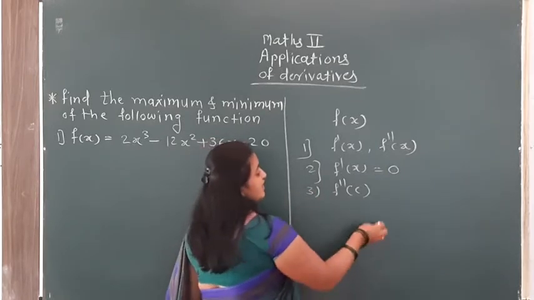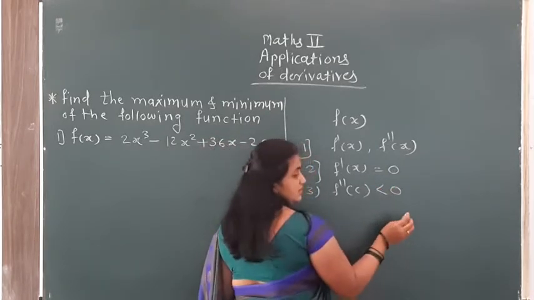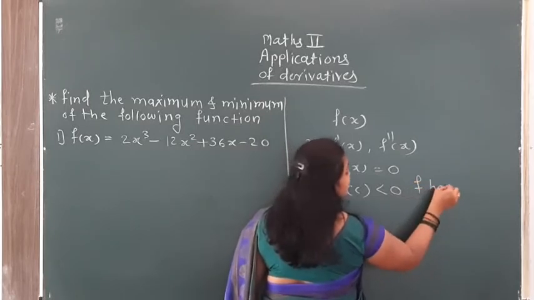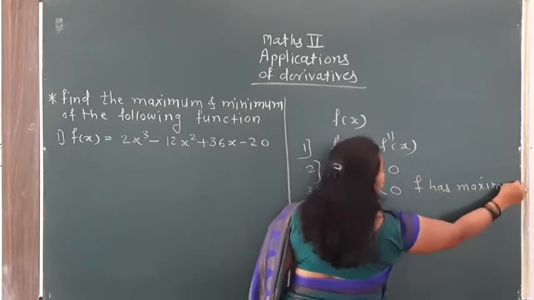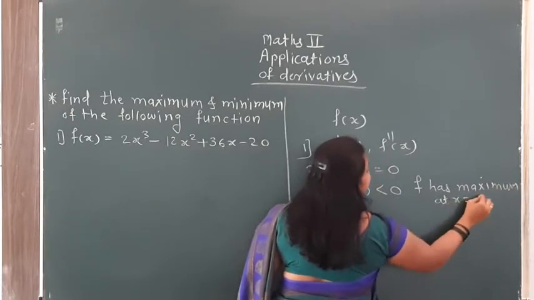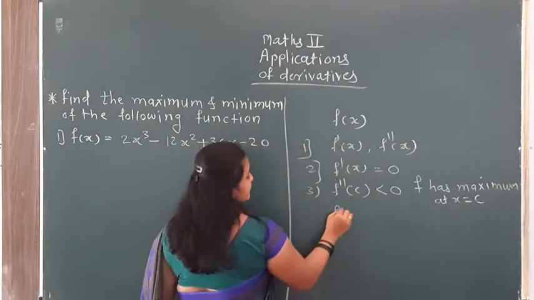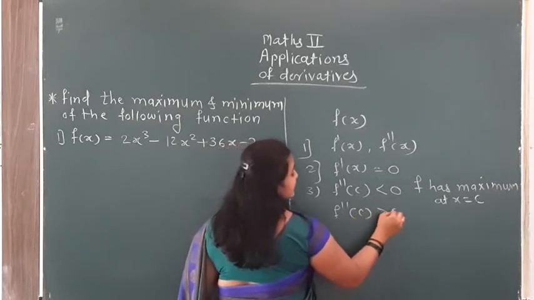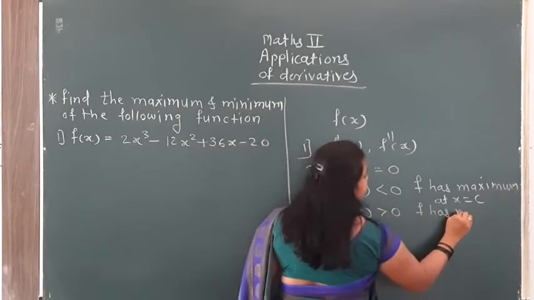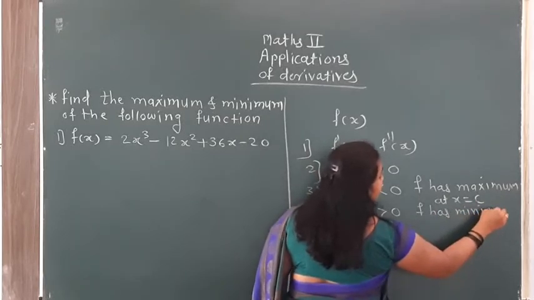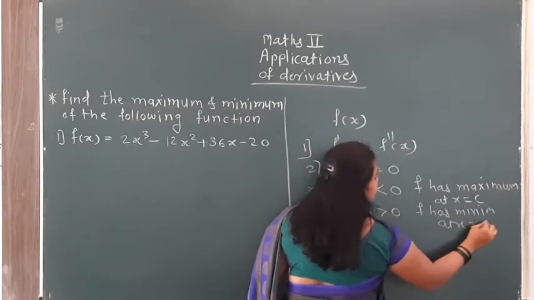At that time we check: if f double dash of c is less than 0, then f has a maximum at x is equal to c. And if f double dash of c is greater than 0, then f has a minimum at x is equal to c.